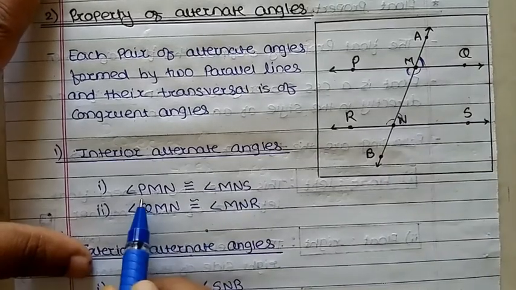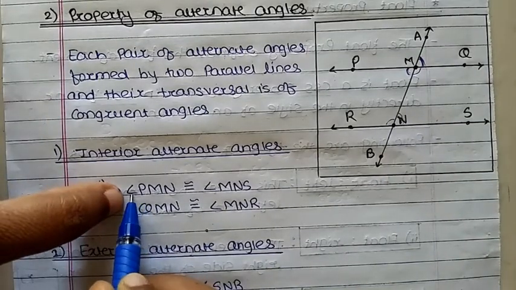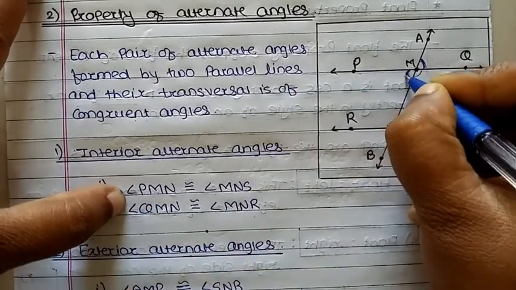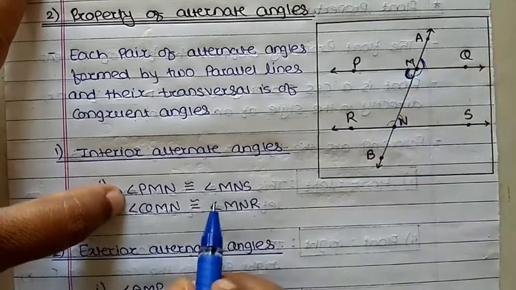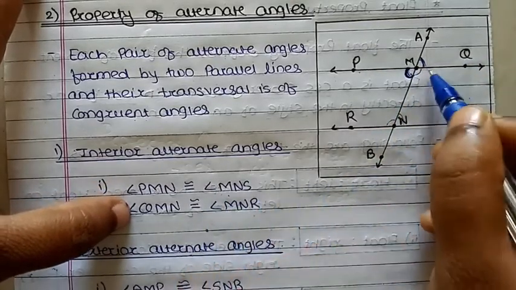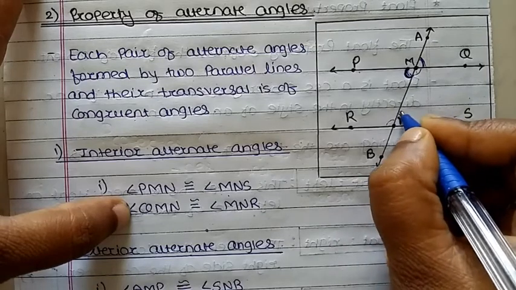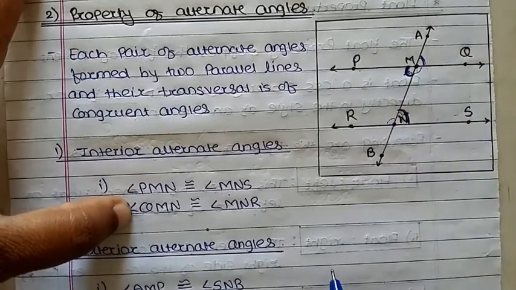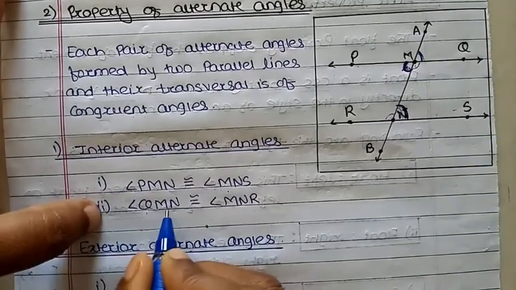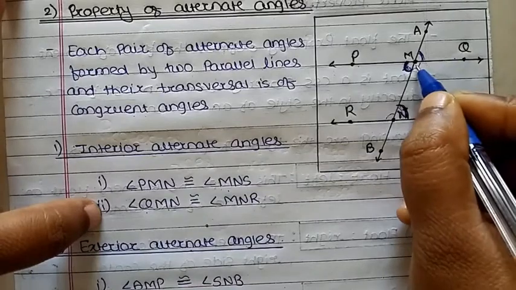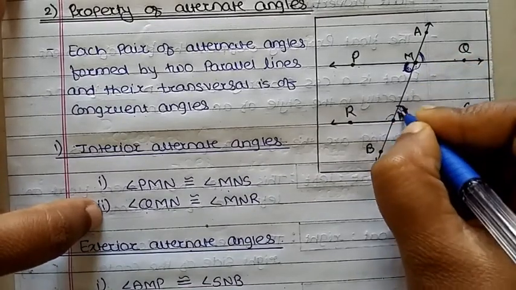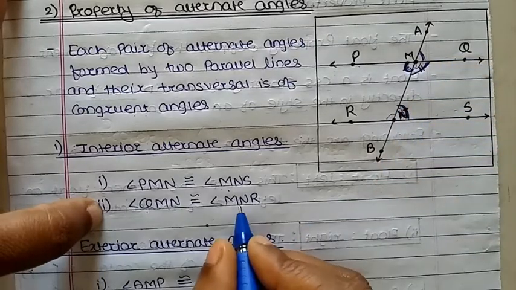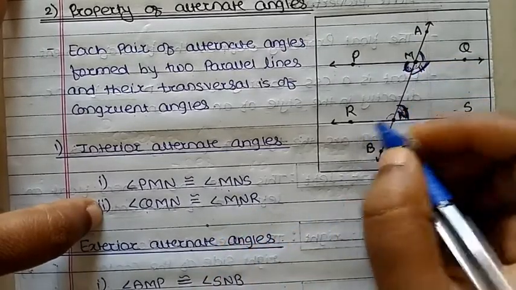First consider angle PMN, this angle, is equal to angle MNS, this one. These two are equal angles. Next angle QMN is equal to angle MNR, this one.